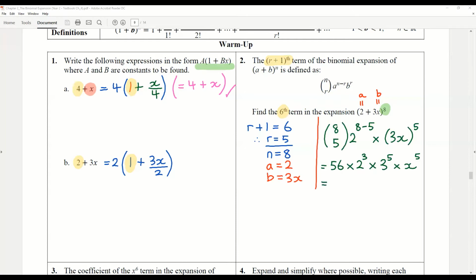If you multiply all that together, it's a rather large number. You should discover it's 108,864 x to the power 5. It's a huge number. All right, and there we go.